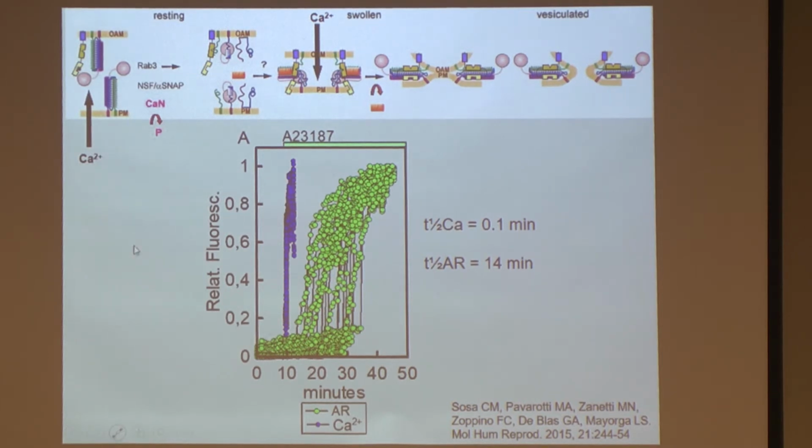What we observe is that when we induce exocytosis, calcium gets up very quickly. You see the blue? In seconds, you have calcium inside the cell. But exocytosis, that is measured in green, is occurring in the next 10, 20 minutes. We need about 14 minutes to get half of the sperm to react. So what is the kinetics of swelling? It's our question.